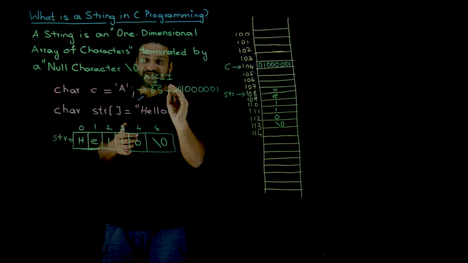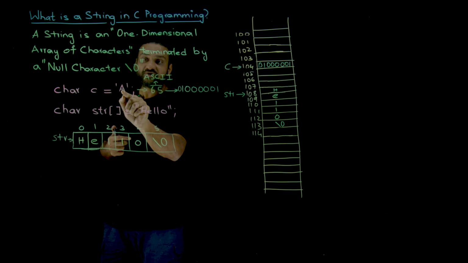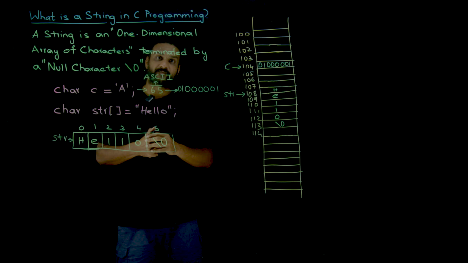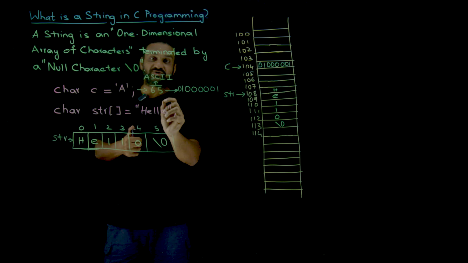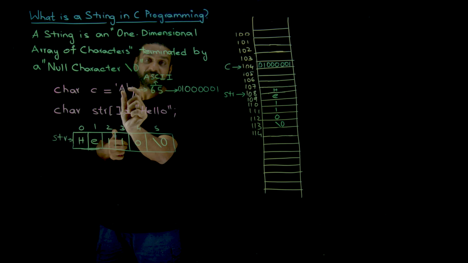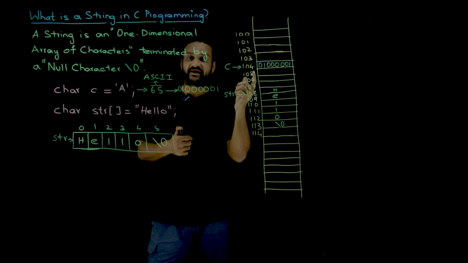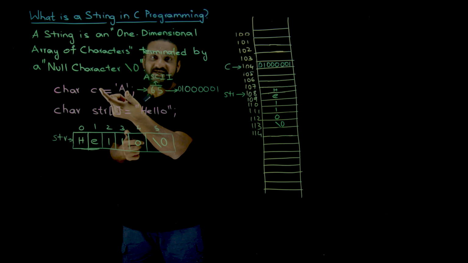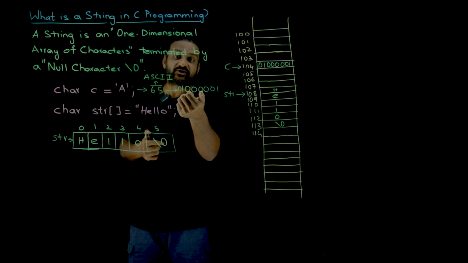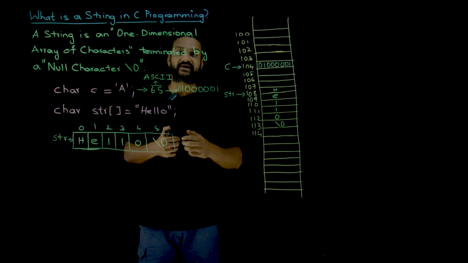So let's consider that the ASCII code for character A is decimal 65. So try to understand that. The decimal value 65 is the ASCII code for character A. Now what happens on the memory is, whenever this is getting assigned, the binary equivalent of 65 will get stored on the memory.